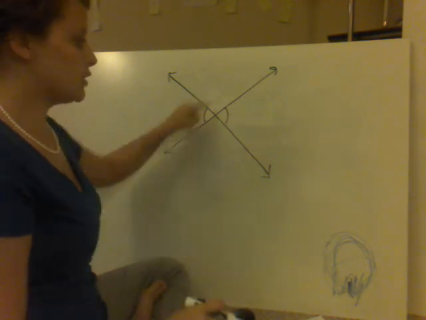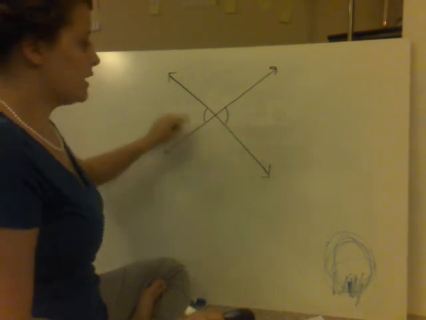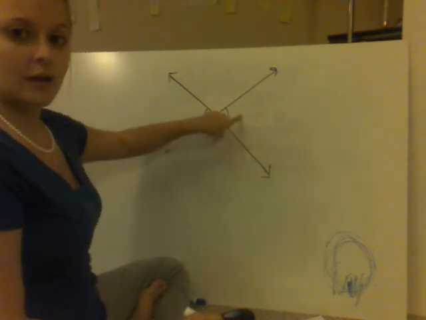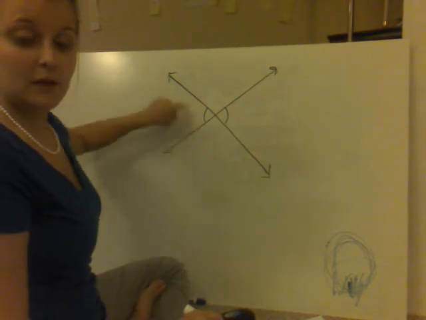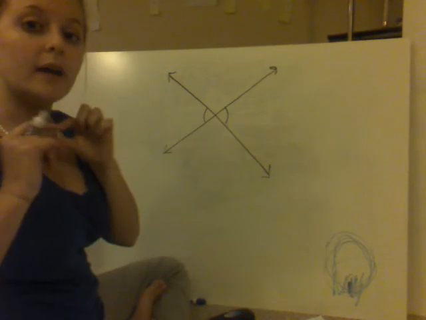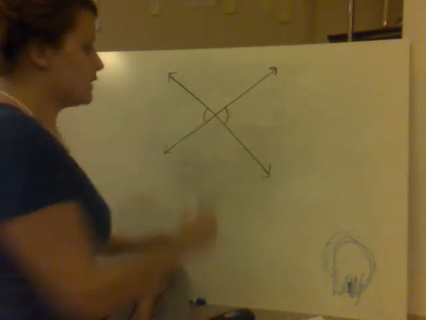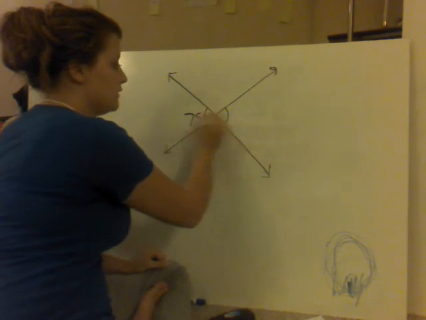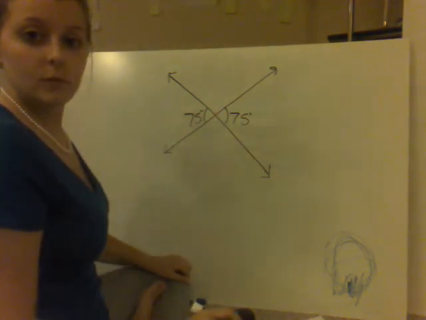So even if this was all 90 degrees, these would still be vertical angles. Now if these are vertical angles, then guess what? This and this is going to be a vertical angle. It doesn't mean that these are all the same, but whatever is directly across, like a little bow tie, are going to be vertical angles. So if I say this is 75, then this is 75.